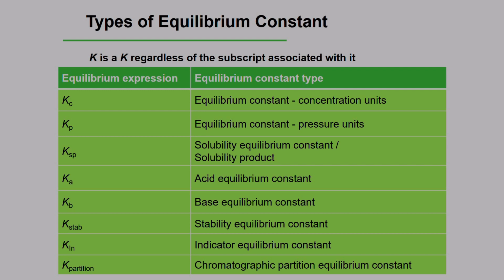There's the equilibrium constant based upon concentration units. There's equilibrium constants based upon pressure units. There's solubility products. There's acid and base equilibrium constants. There's stability constants of coordination compounds. There's indicator equilibrium constants, and even partitioning constants in chromatography are based upon the same K.